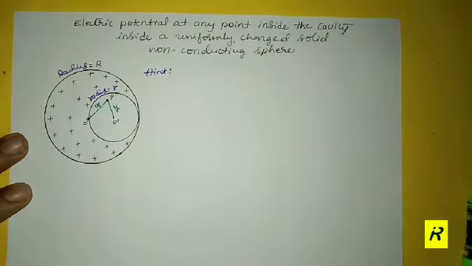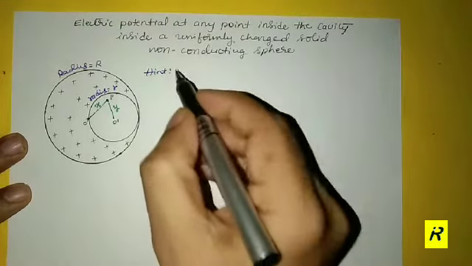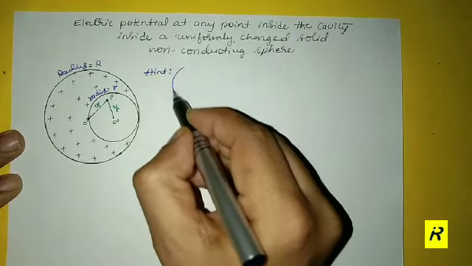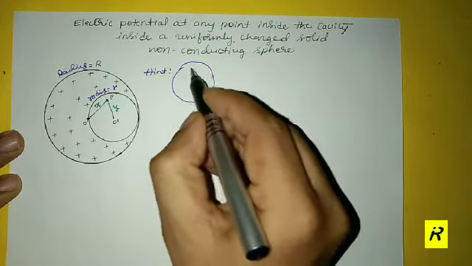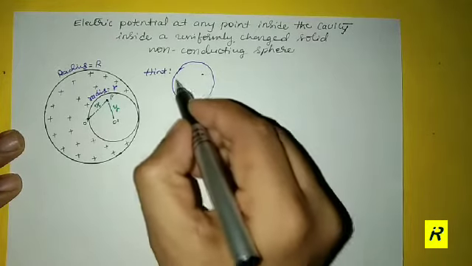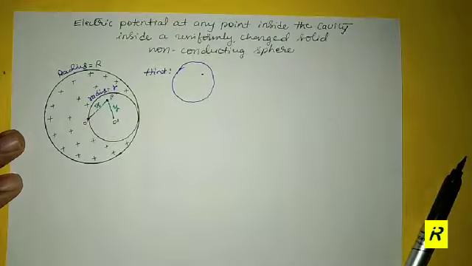in my previous video I showed you the electric potential at any point inside a sphere of a uniformly charged non-conducting body.